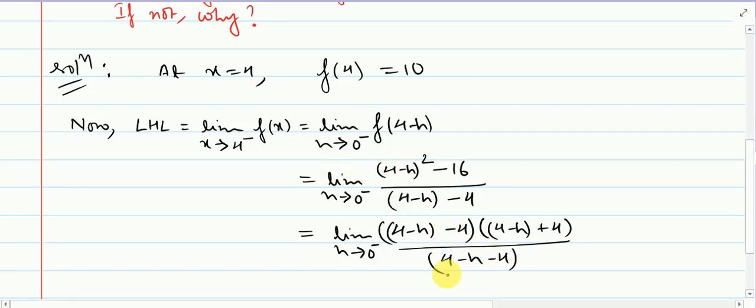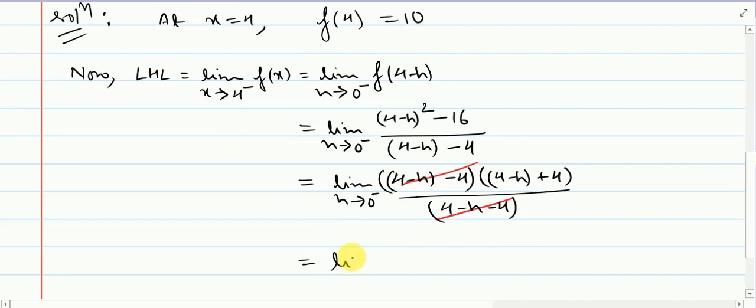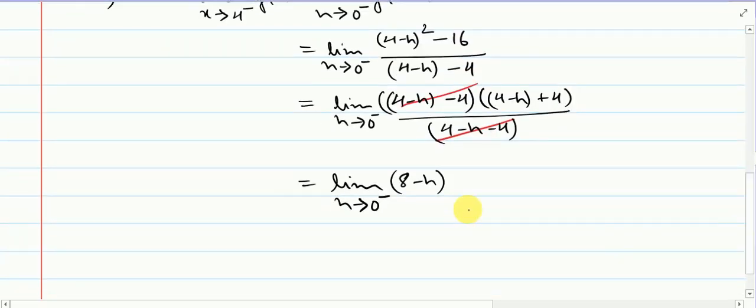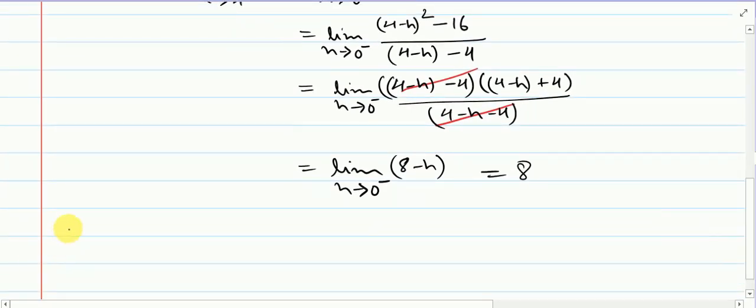So here you can see that 4 minus h minus 4 is common, so these two cancelled. So you are left with limit h tends to 0 of 4 plus 4, which is 8, minus h. If you substitute h equal to 0, you are getting a definite value, that is 8.